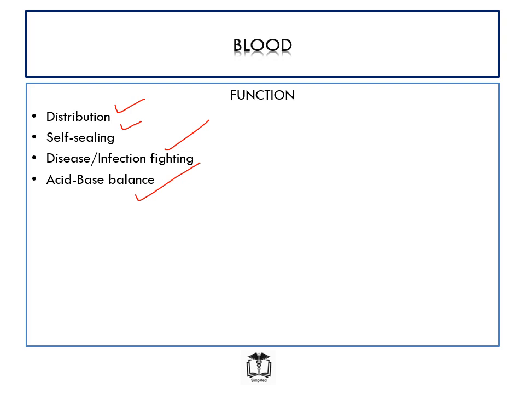Then for disease and infection fighting, blood contains unique cells we know as immune cells. So cells like white blood cells are important for immunity. Not just cells as well. Proteins like antibodies found within blood are also important to provide protection against germs. Then we have the acid-base balance.